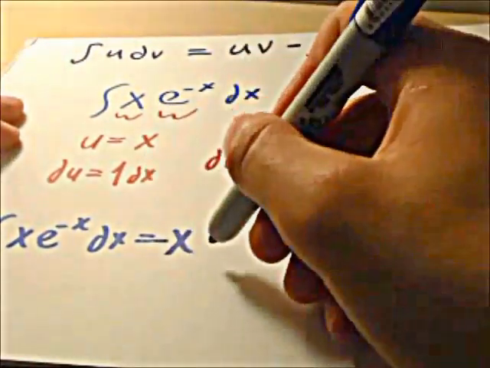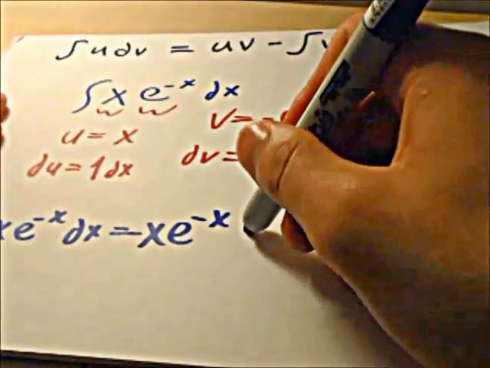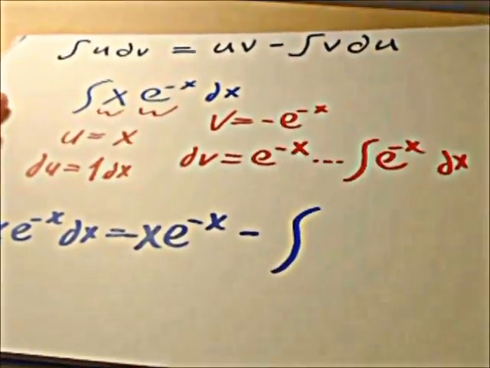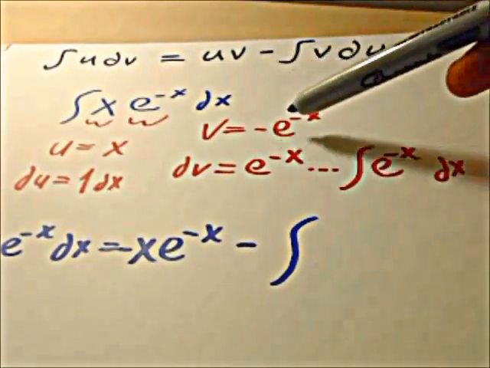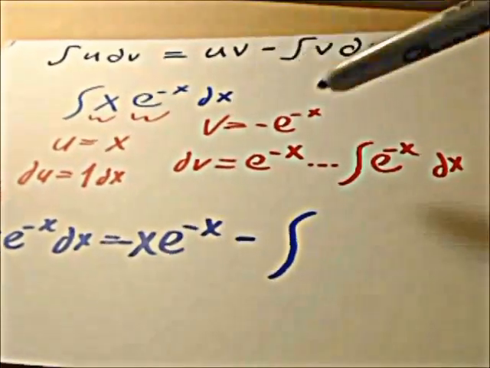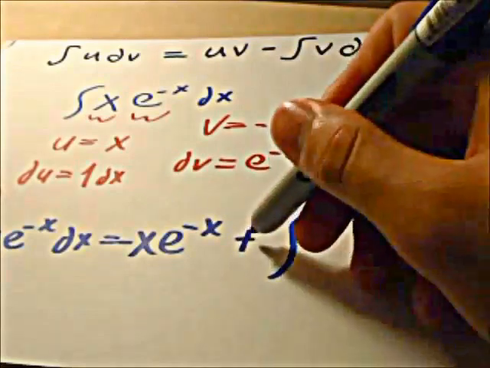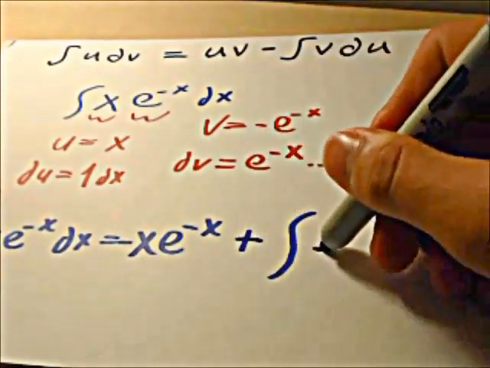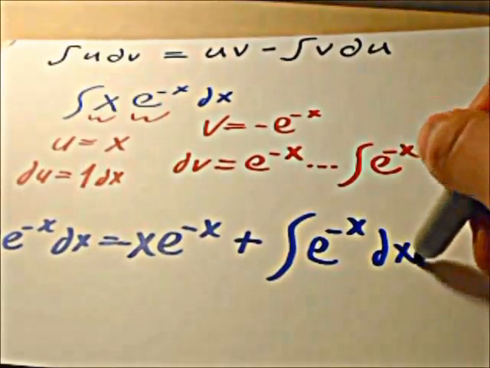We're going to put the minus next to the x to make it easier, and then minus the integral. Now we're going to plug in v du, which is minus e to the power minus x times 1 dx, right? The minus is going to pull that minus out, so this would become positive, and I'm going to put e to the power minus x dx.